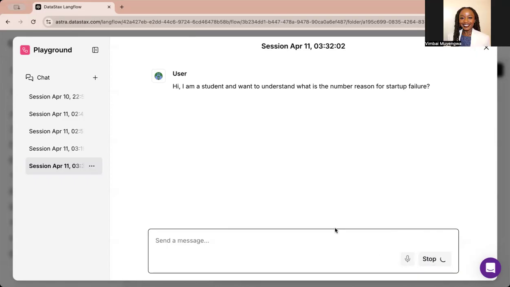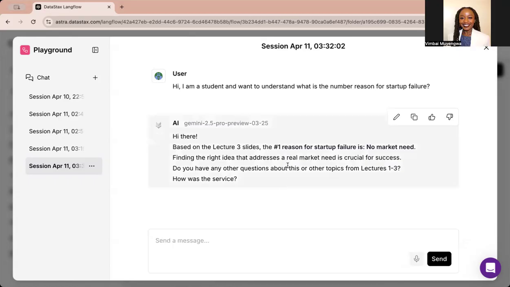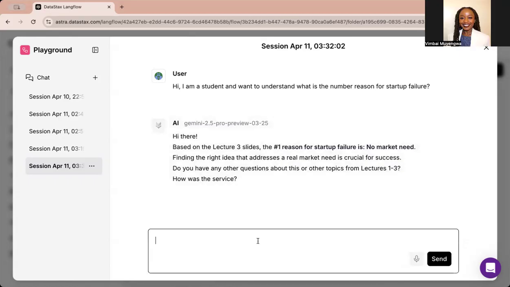This might take a while, but I'll try to ask two questions so you can see it working. This one is a question from looking at lecture material, to spread it around a little bit. This question, I believe, is from lecture 3. As you can see here, it says based on the lecture 3 slides, the number one reason for startup failure is no market need. I'll also ask it, what is business defensibility?